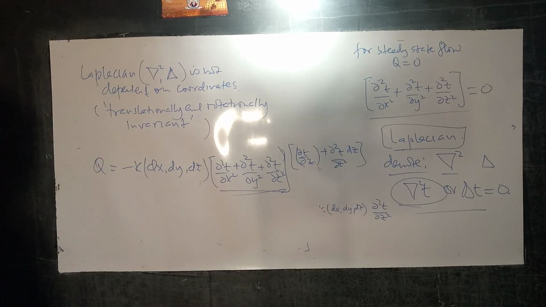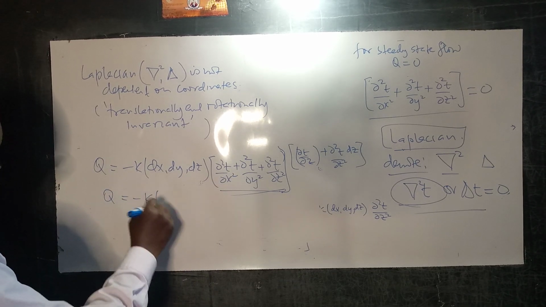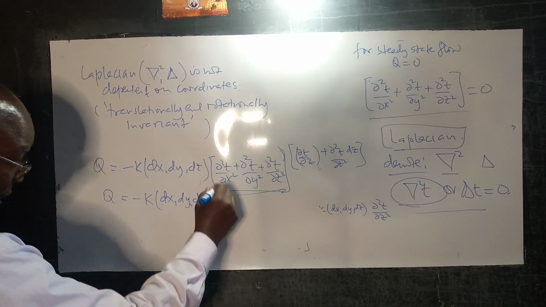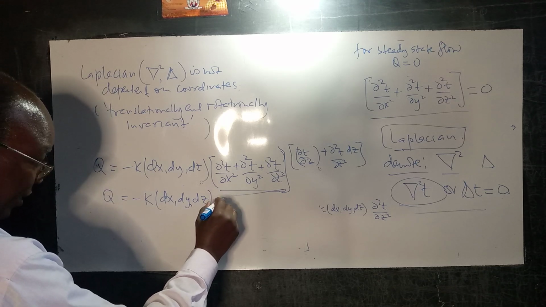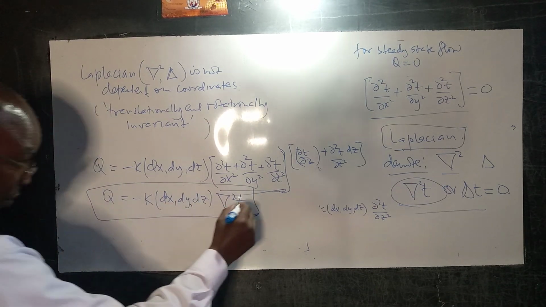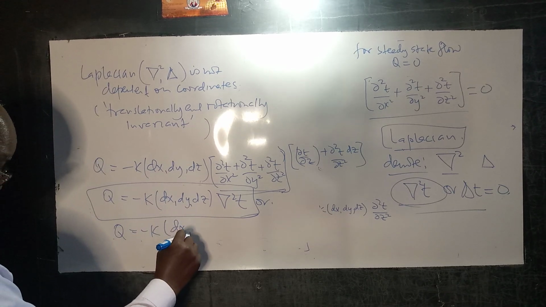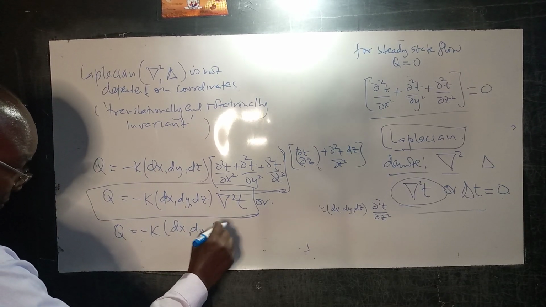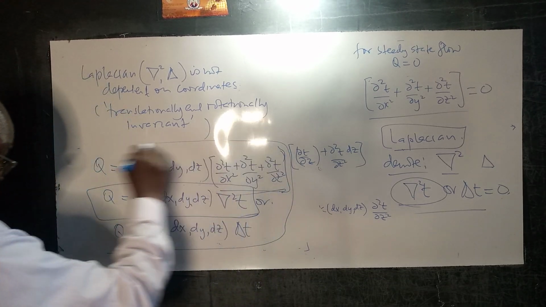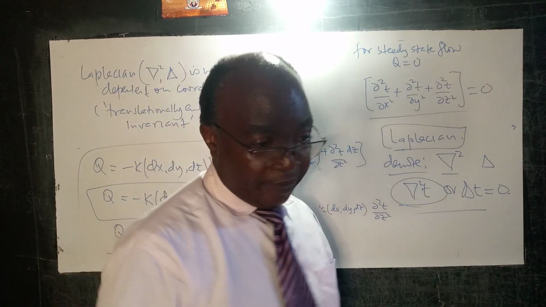And so we have Q equals minus K, the thermal coefficient, into the Laplacian, which you can write as del squared T. Or you can leave it as Q equals minus K del T. I want to just make sure you are familiar with notations. And that Laplacian, very important, is independent of coordinates.